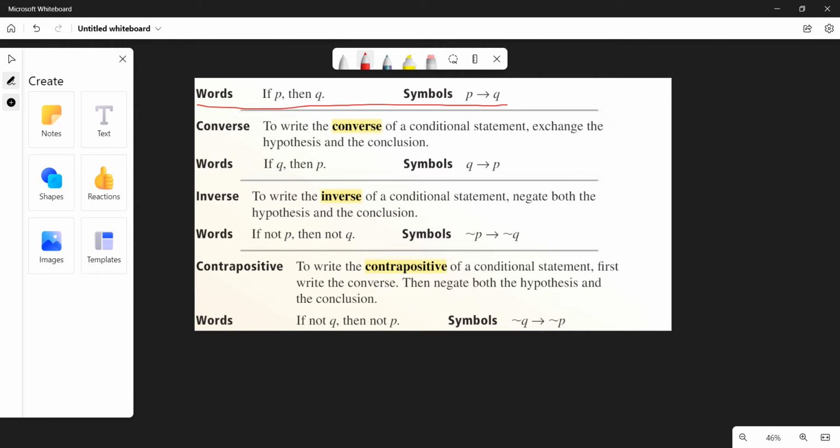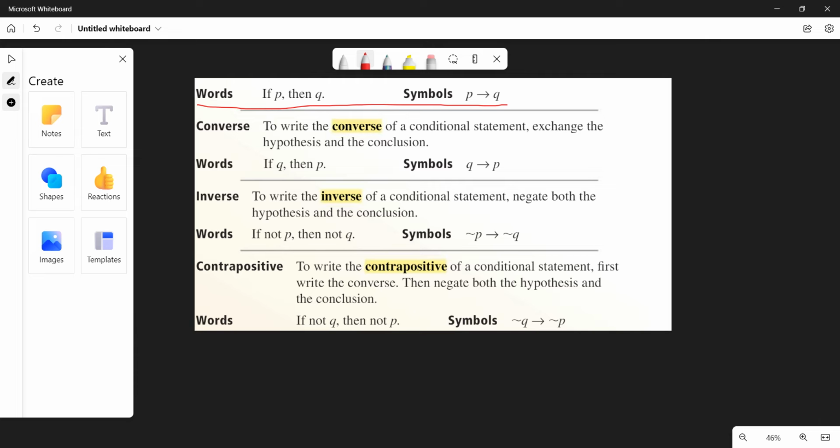The converse would be, if I make YouTube videos, then I'm a YouTuber. In this case, that was true, but in some cases it won't be. For example, going back to the first one, if I have a cat, then I have a big responsibility. The converse says, if I have a big responsibility, then I have a cat, which is actually not true, because you can get a big responsibility from a lot of things.